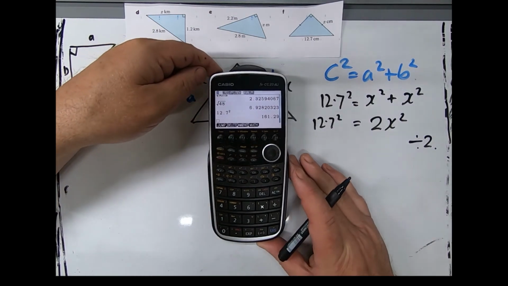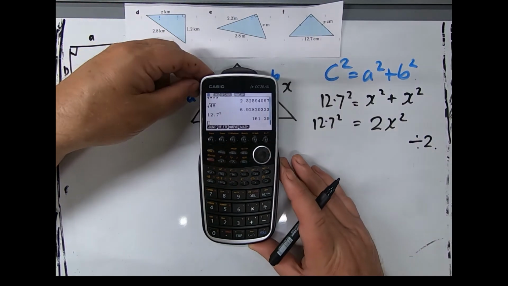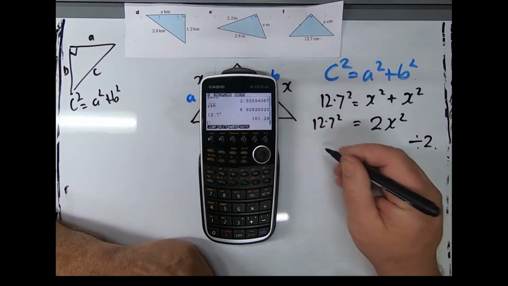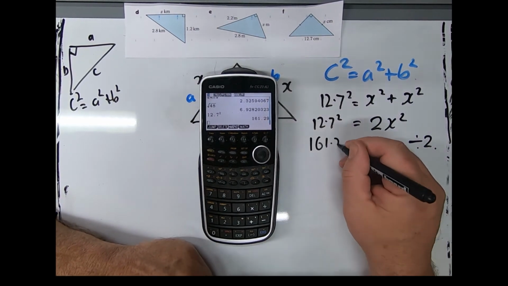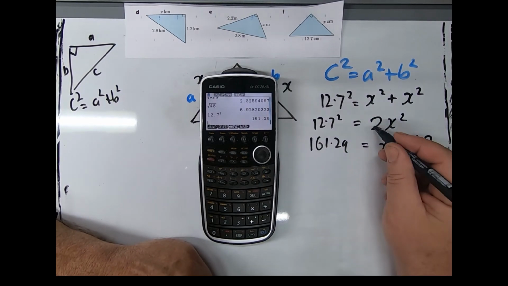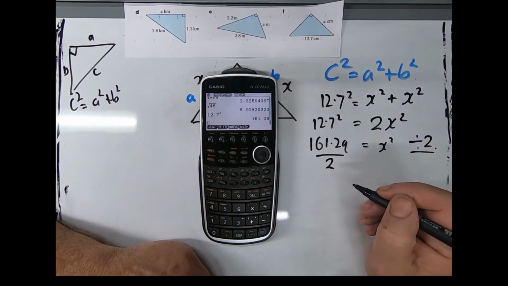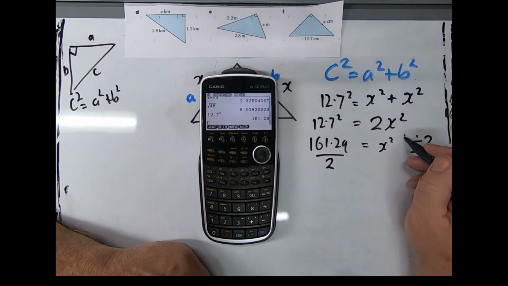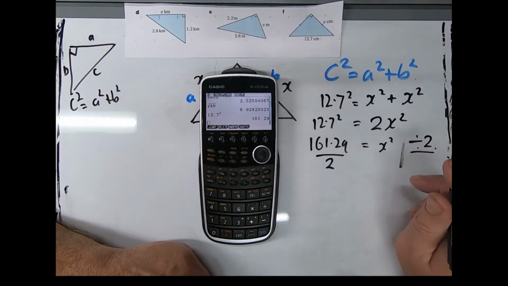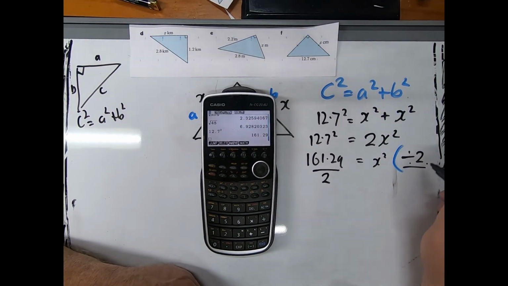Perhaps if I put it directly under. Is that better? Anyway, 161.29 equals 2 X squared. To get rid of the 2, I'm going to divide by 2. I'll show that there. So I've divided by 2. That's how I've got rid of the 2 in front of the X squared.